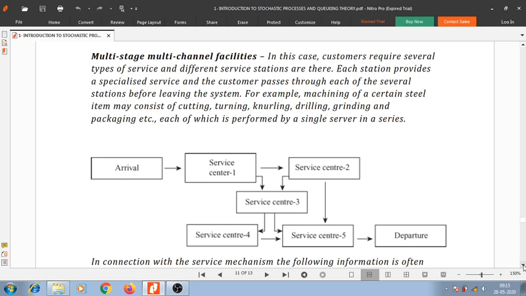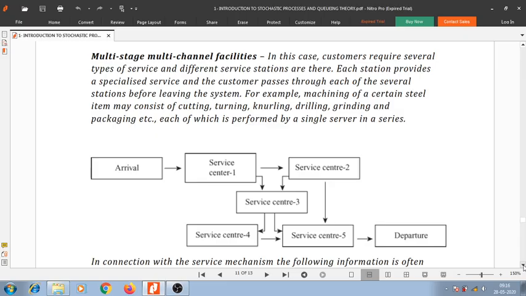Now the fourth category is the multi-stage or multi-channel facility. What is the multi-stage, multi-channel facility? For example, we are going to the bank. I am the person interested in withdrawing money. What I do is go to the first counter and collect the withdrawal form. Once I fill in the withdrawal form, the same form is submitted to the second counter.